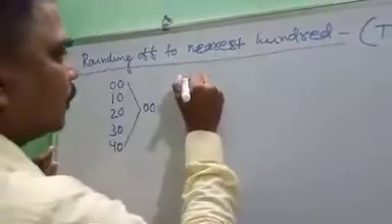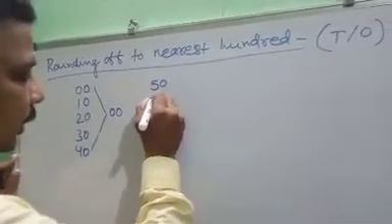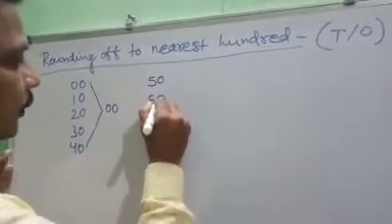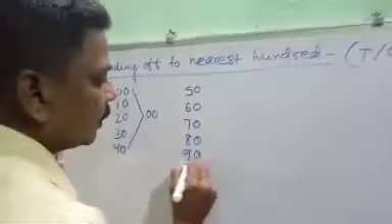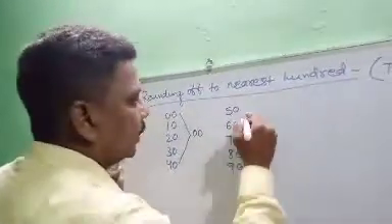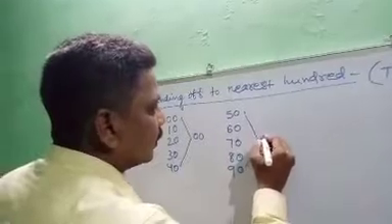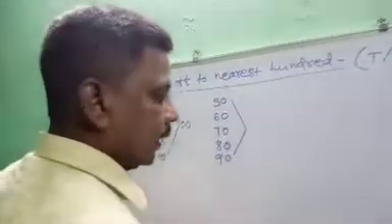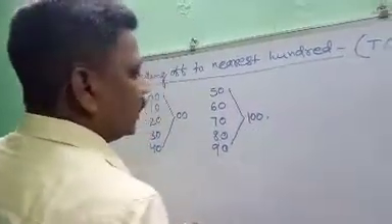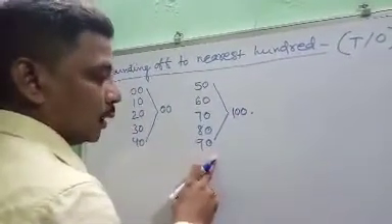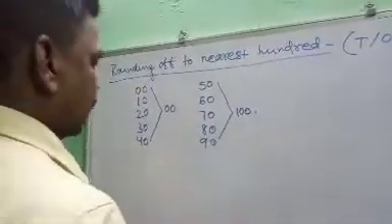And when the digit in the tens place is 5, 6, 7, 8 and 9, or 50, 60, 70, 80 and 90, then it will become 100. Okay, then we will put 20 here and the 100 place will increase by one.